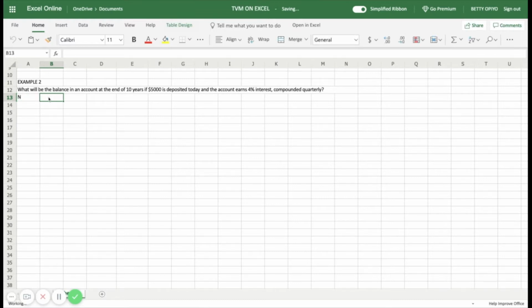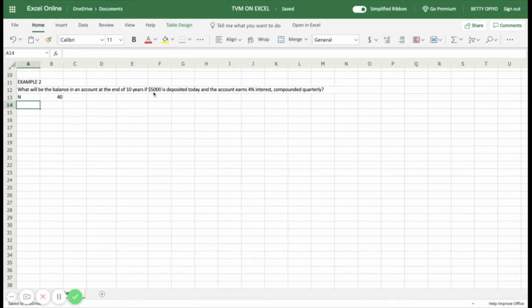So n is 10 years, but because it's compounded quarterly, we have 10 times 4. We put an equal sign to find how many quarterly payments we have in 10 years. So we have 40 quarterly payments, because in 1 year we have 4 quarters. So n is equal to 40.